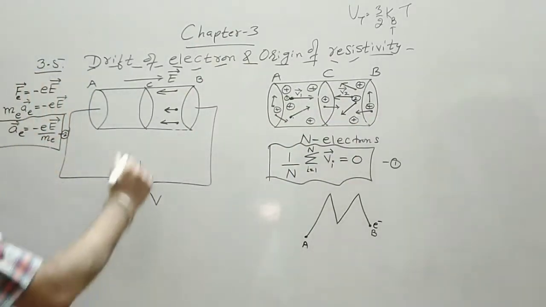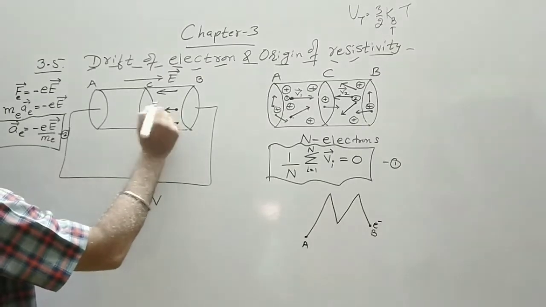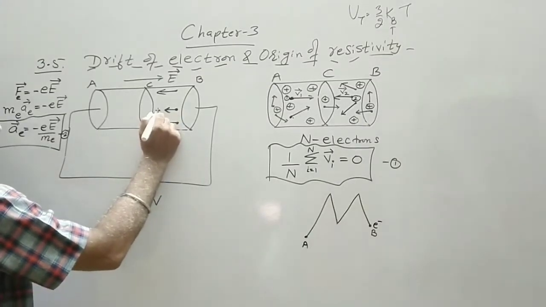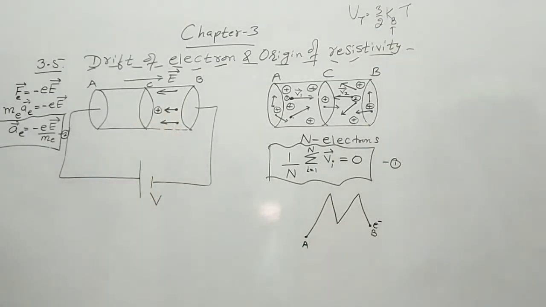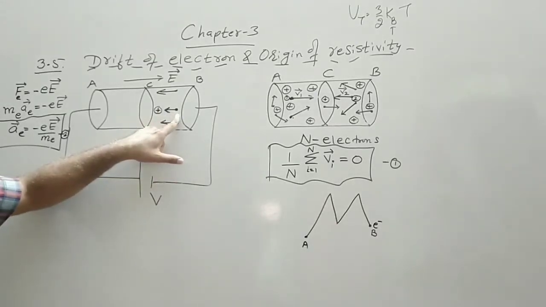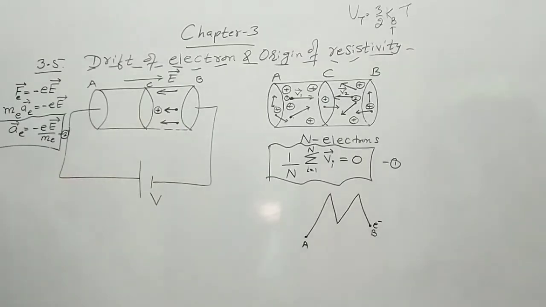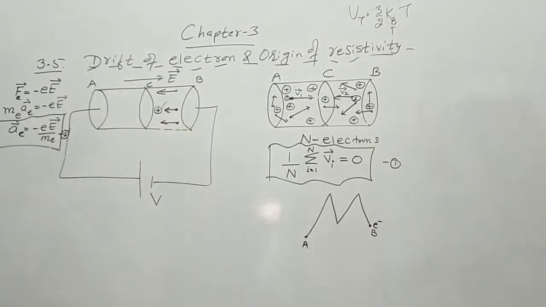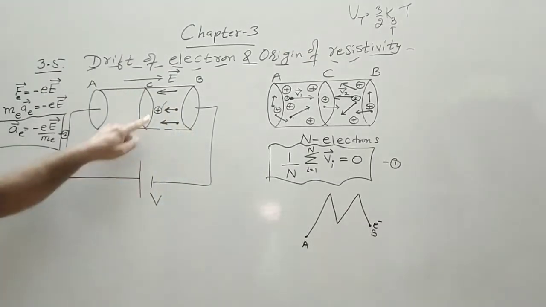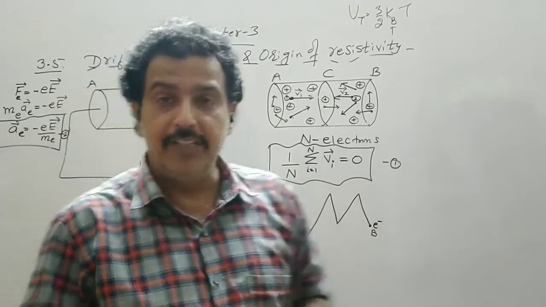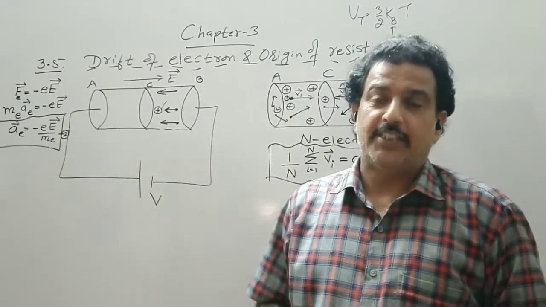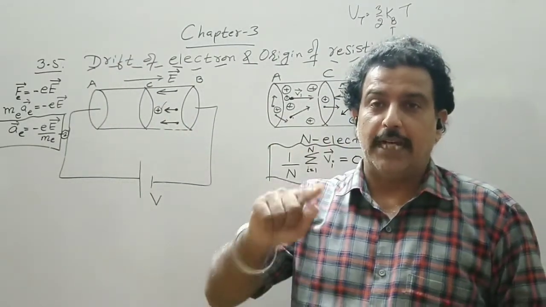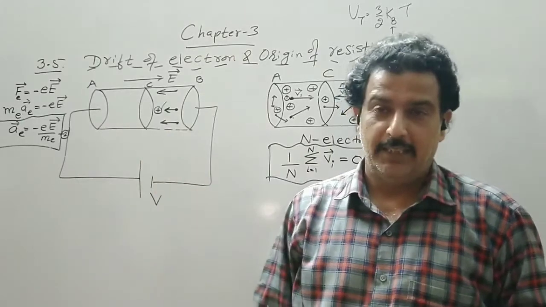So it may be possible that, let us consider only one electron. This electron which is accelerated finds an ion on its path. So what will happen? This electron will collide with this ion, and because the ions are heavier as compared to electrons, this ion will be thrown away.